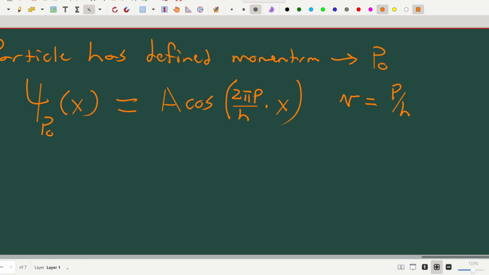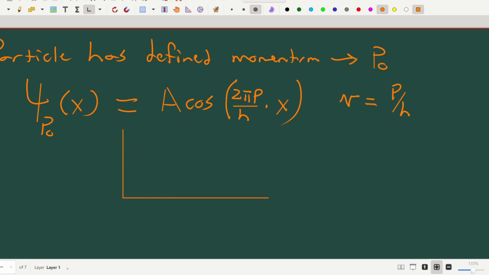All right, so if we draw this in our coordinate system, what does this wave function look like? Well, it just looks like a cosine wave. So this is psi of p here. Our y-axis is psi of p, and we plot it versus x.